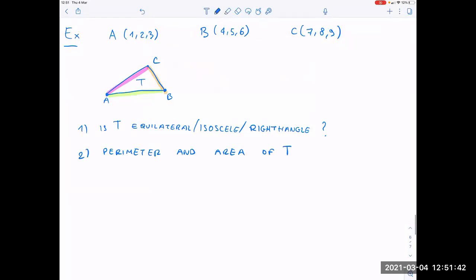For example, let's say I focus on these vectors here, U and V. So what is vector U?